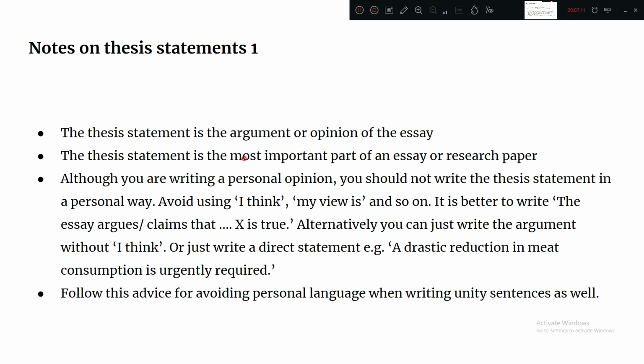It is even more important in a persuasive essay, because remember that in a persuasive essay, your aim, your goal, is to convince me, to persuade me to agree with this particular statement. So if this particular statement is not clear, then the essay as a whole doesn't really succeed.